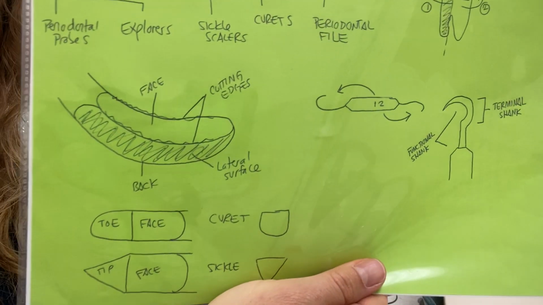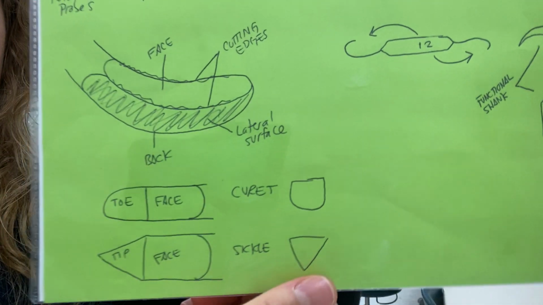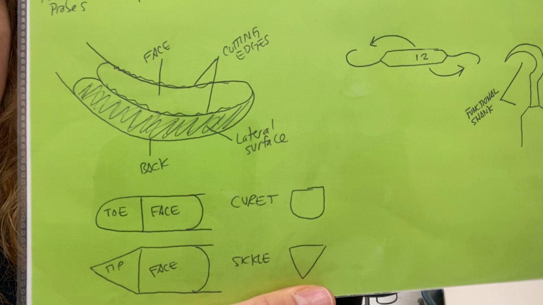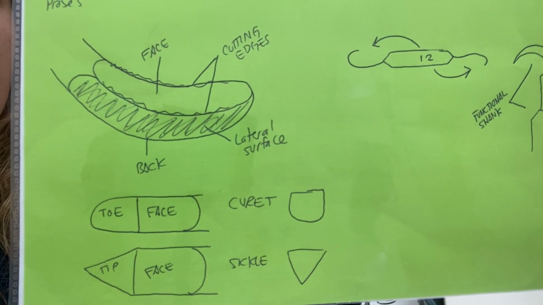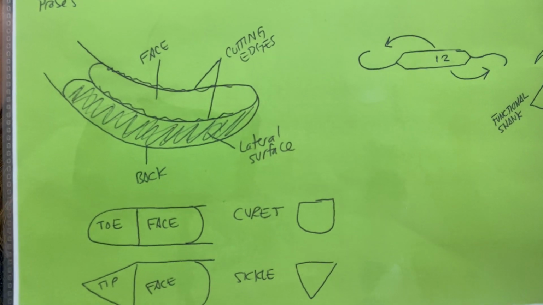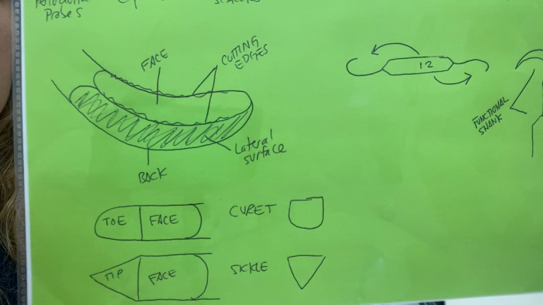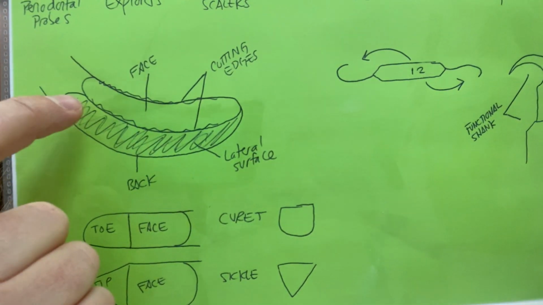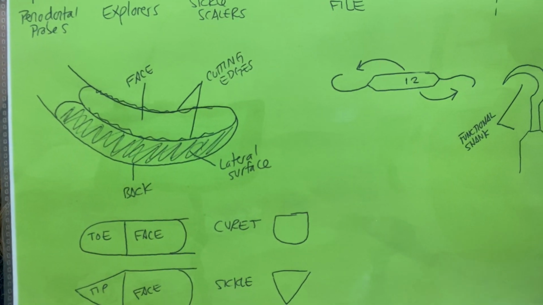And then right here, we've got a blown up version of an instrument where we have labeled the top as the face. So this is the very end of that blade. You have the two lateral sides. And so where the lateral sides meet the face, that makes cutting edges on each side of this one in particular.